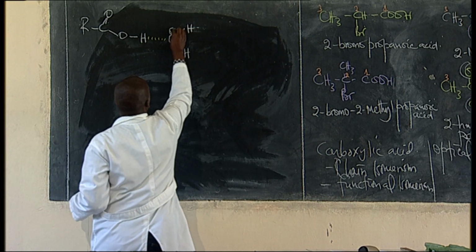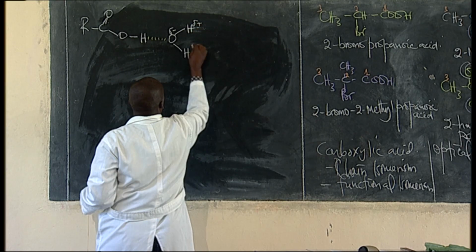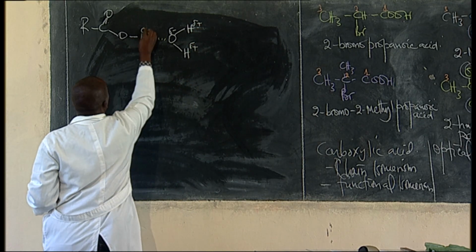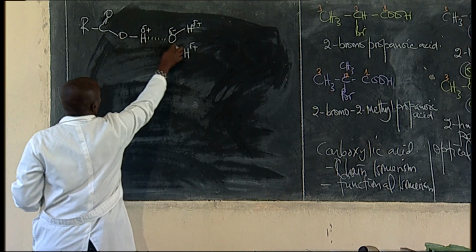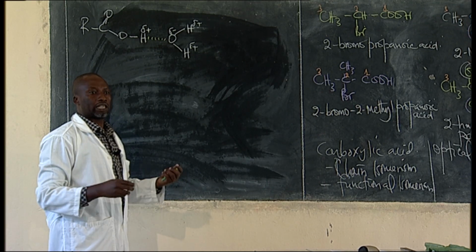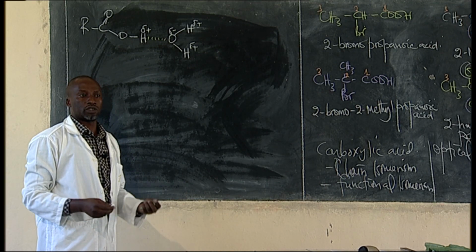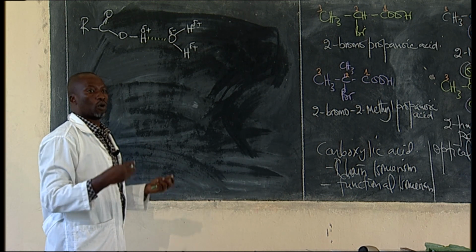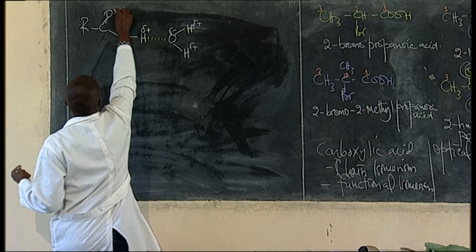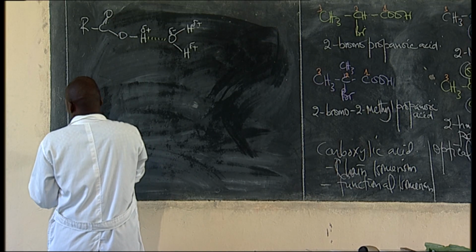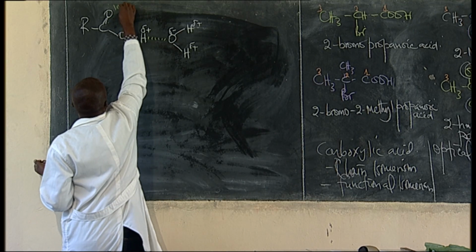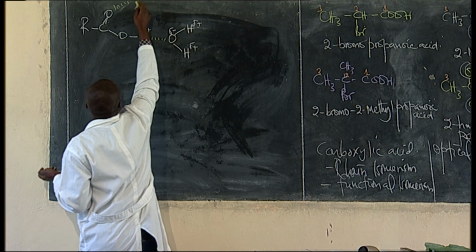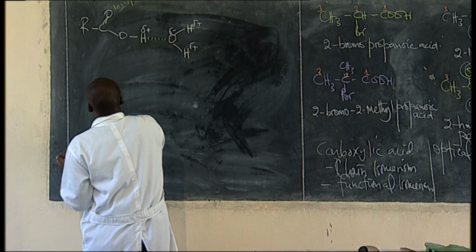Because water is polar, it can form hydrogen bonds with the acid. Molecules that can form hydrogen bonds with water are said to be soluble in water. This one can also form hydrogen bonds over here with another water molecule.